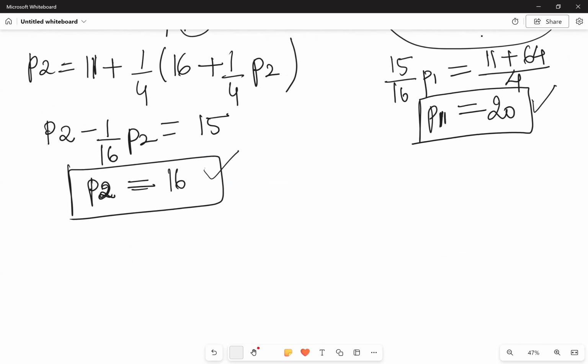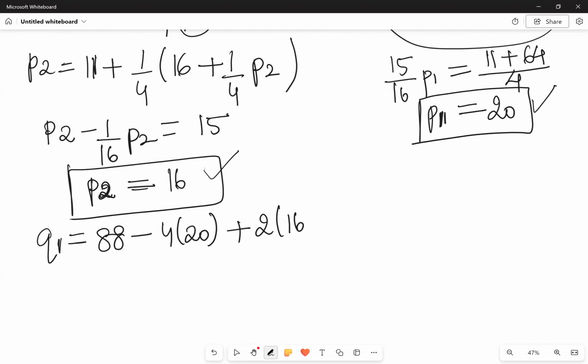Now, when we substitute these values in the respective quantity demand functions, we get Q1 is equal to 88 minus 4 into 20 plus 2 into 16, which will come out to be Q1 is equal to 40.